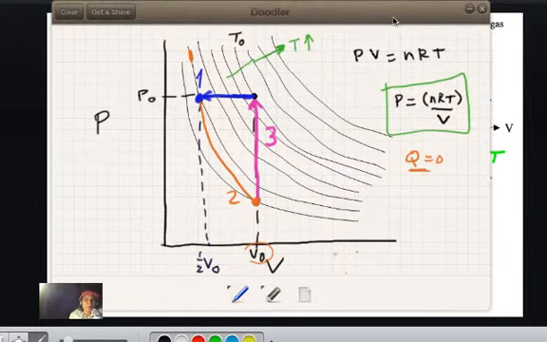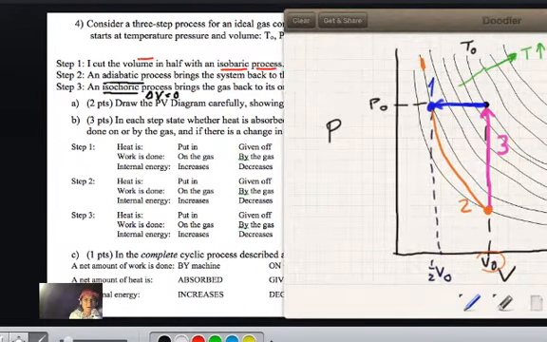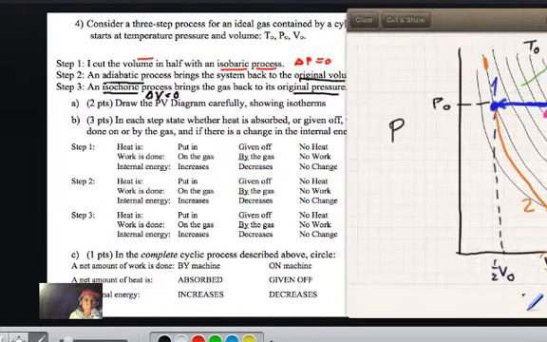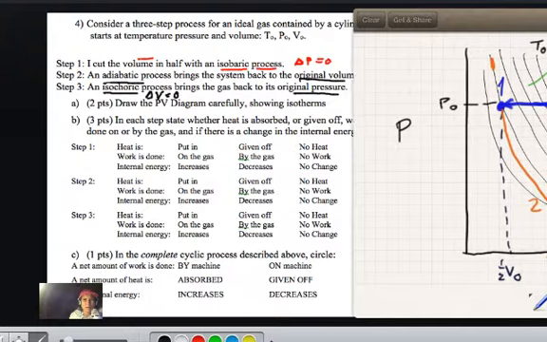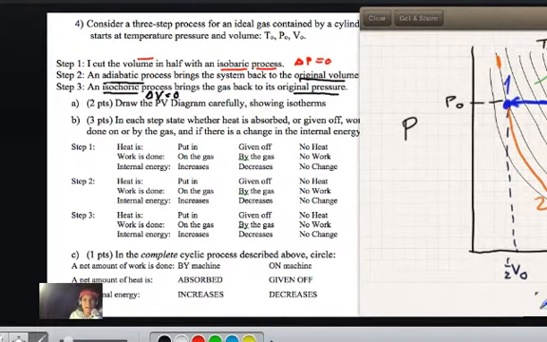Now that we've done all those steps, the question becomes what. Well, we've drawn the PV diagram carefully, I hope, and then in each step assess whether heat is absorbed, given off, work is done on the gas, by the gas, and if there's a change in internal energy.